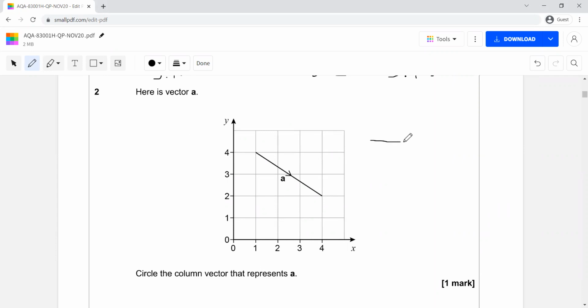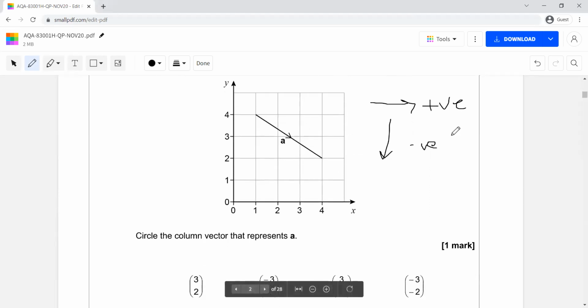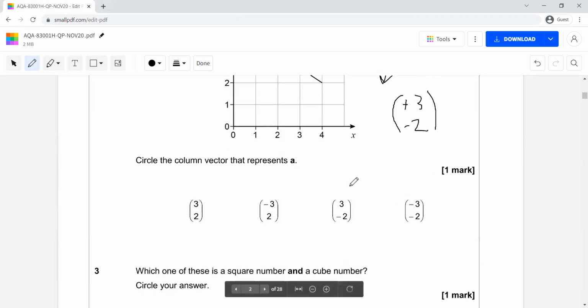So in this case, moving right, so it's positive in the x-axis, and moving down, so it's negative in the y-axis. And we're moving to the right by 3, and we're moving down by 2. So the way to remember this is plus 3 because it's moving to the right, and minus 2 because it's moving down by 2. So it's 3, negative 2.